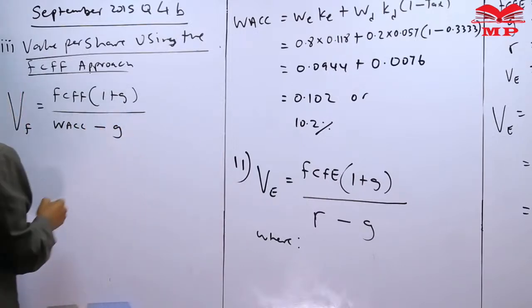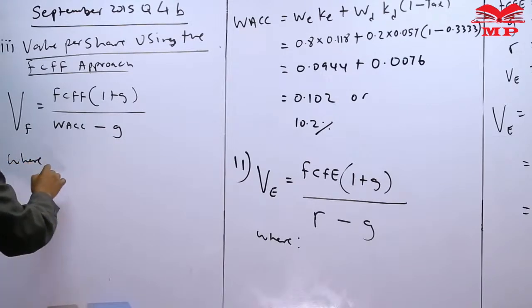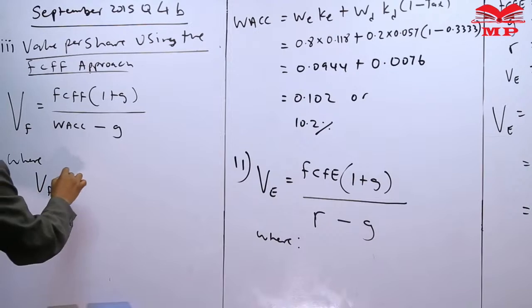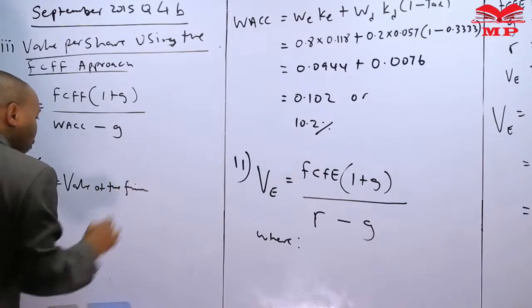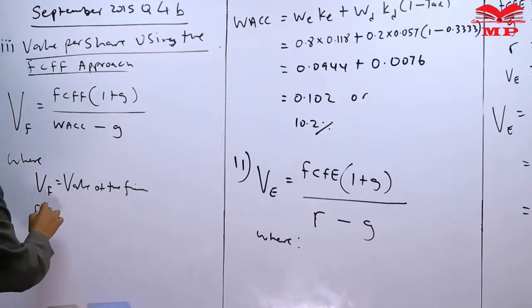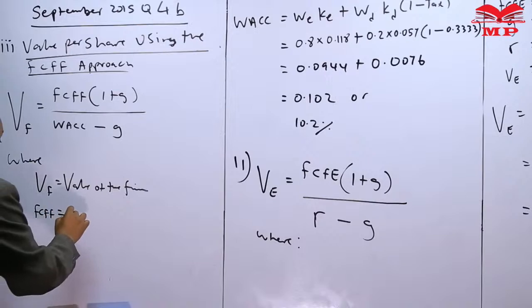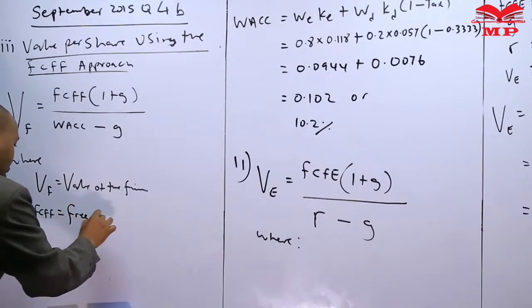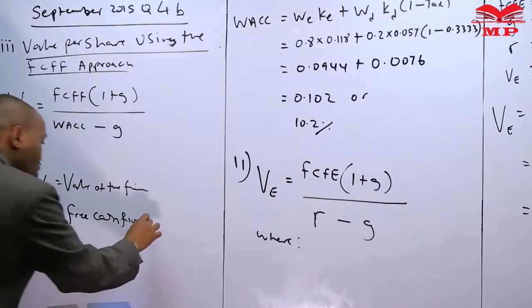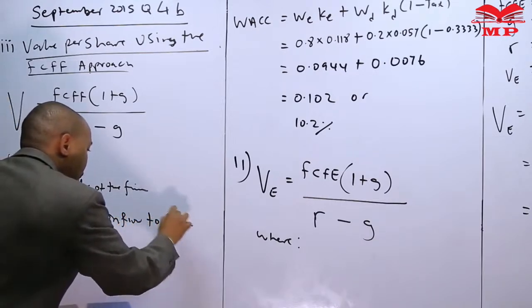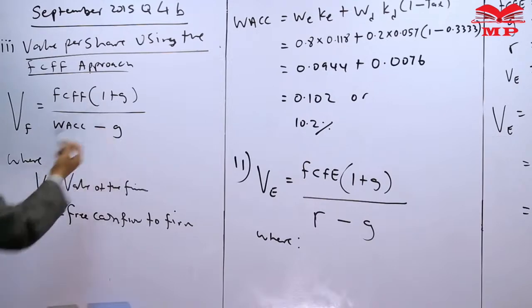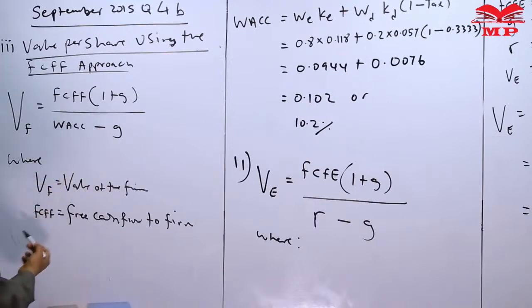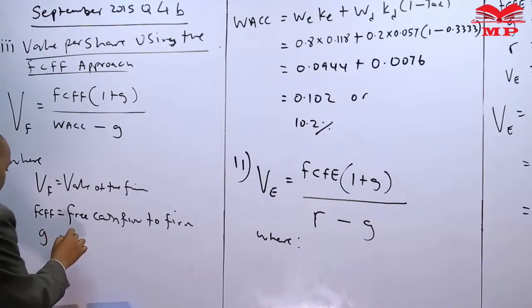Where VF is value of the firm, FCFF is free cash flow to firm, WACC is weighted average cost of capital, which we had already explained, so we don't need to explain that again, as well as G. G represents the growth rate in FCFF.